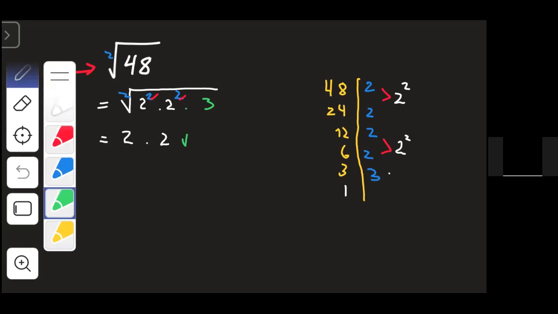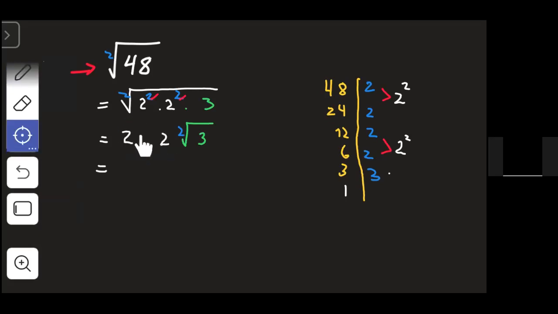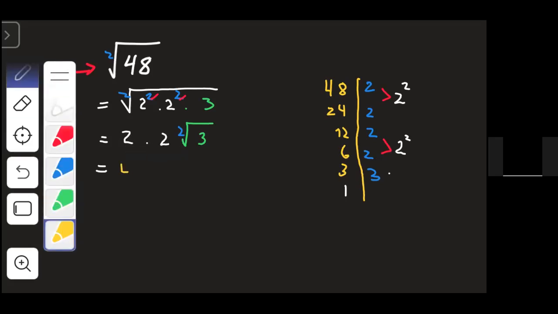And the square root of 3 is going to stay inside. We have finished. However, we need this expression to be simplified. 2 times 2 is going to be 4, times the square root of 3. And that is the simplified form of the square root of 48.